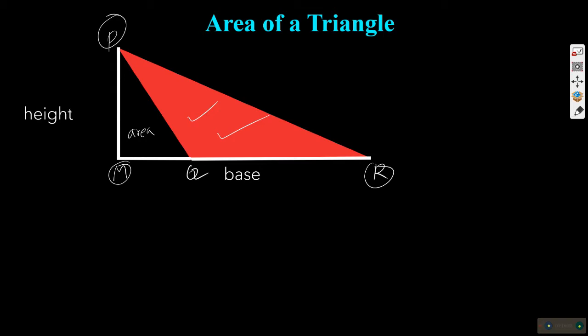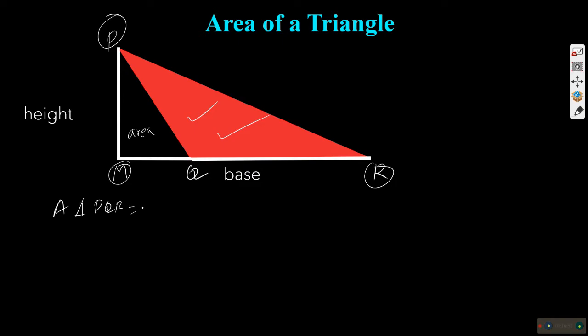Half base into height will give the answer for any kind of triangle. For that, we should think about the area of the bigger triangle, the whole triangle. What we need is the area of triangle PQR. PQR is this red colored one.